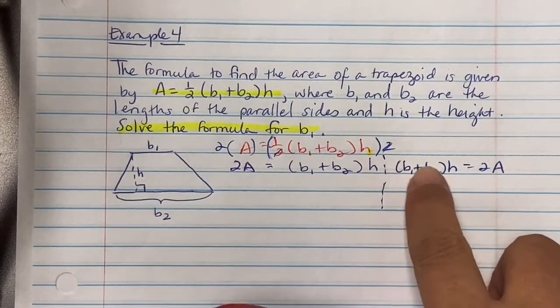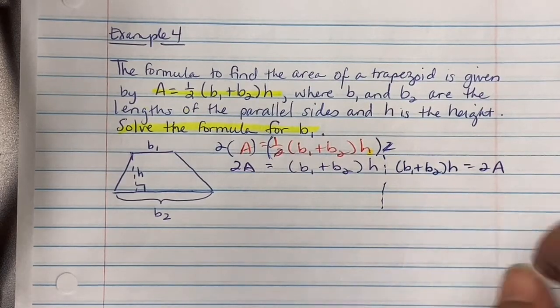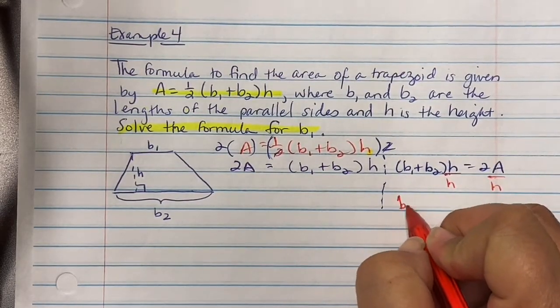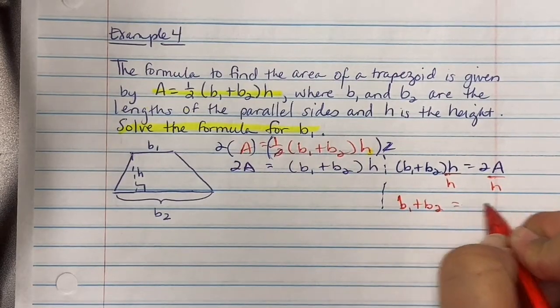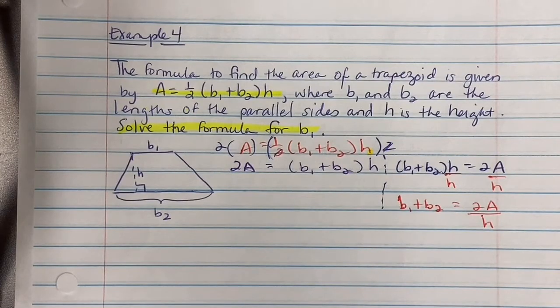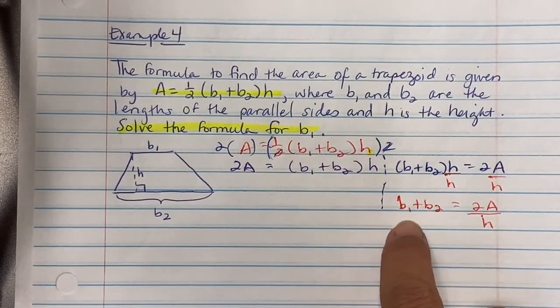The parentheses needs to be isolated because I need to isolate the b1. So first thing I'm going to do is divide both sides by h. So now I see b1 plus b2 equaling 2 times the area over h. Now remember, we're solving for b1. So I want to isolate b1 by itself.